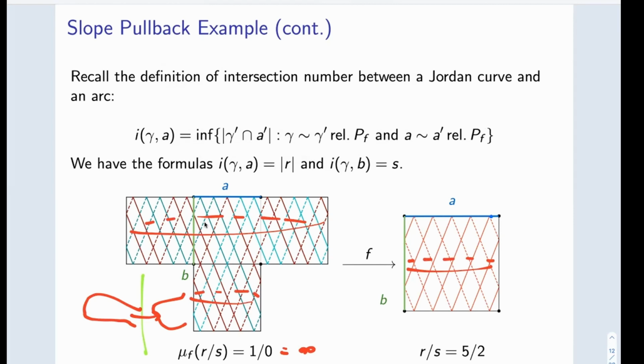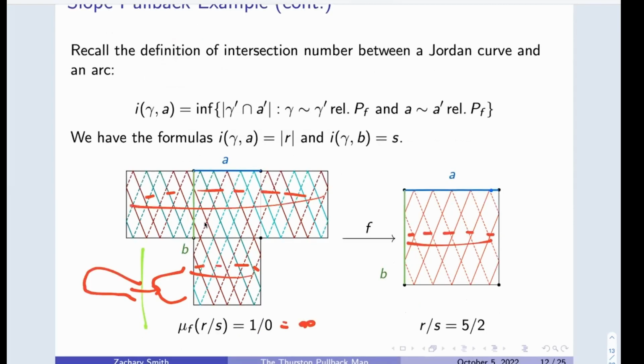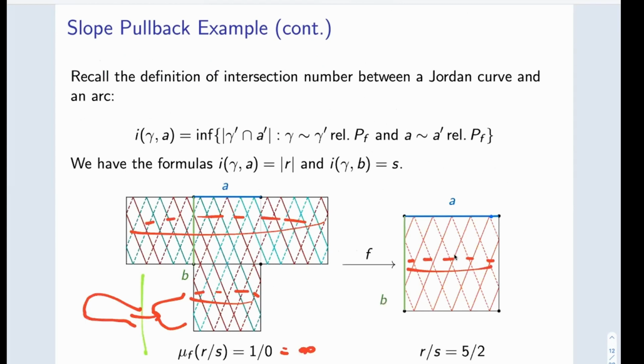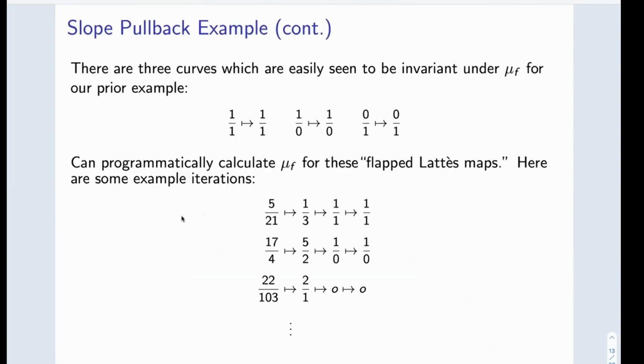And this will have the same slope class as before. Okay, so 0/1 will very clearly be sent to 0/1 under the action of this mu f map. And the same story is going to hold true for the vertical curve 1/0. Right, that's also going to be sent to vertical things. And it's a little bit more difficult to see, but 1/1 will also be sent to 1/1.